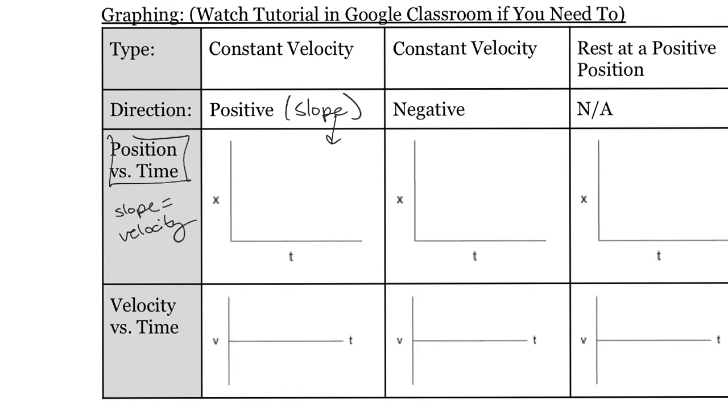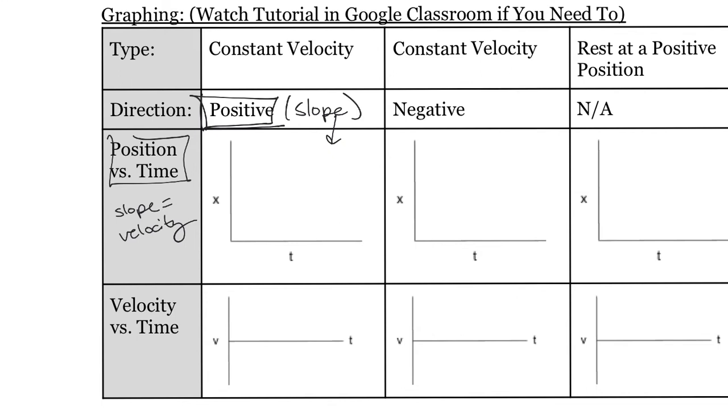If you've got a positive motion, then your slope should be positive. If you've got a negative direction, like going to the left or going down, then your slope is going to be negative, going generally down. So this one has a positive velocity, and we're going to be generally going up on position versus time.